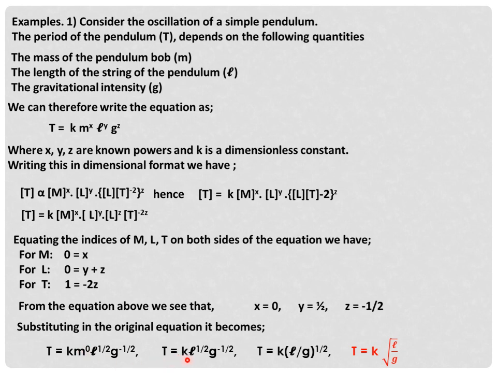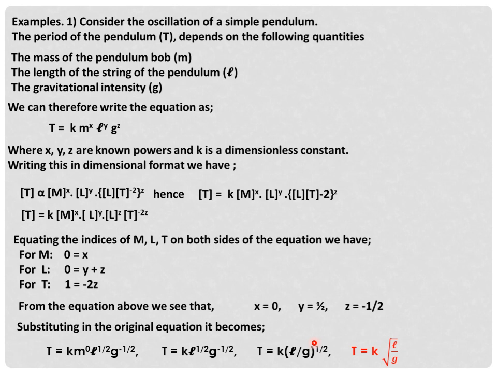We are left with k times L raised to the power half multiplied by g raised to the power minus half. Our knowledge of indices tells us that this is the same as L raised to the power half divided by g raised to the power half. Since they have the same power half, we can put them in a bracket and raise them to the power half. So L divided by g, raised to the power half.